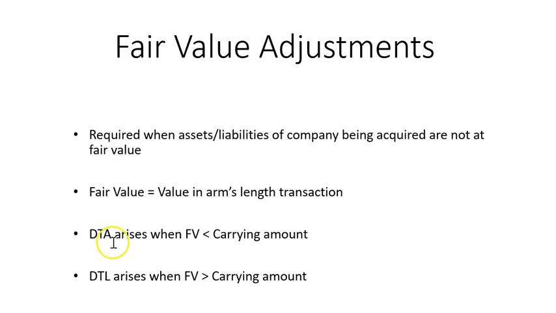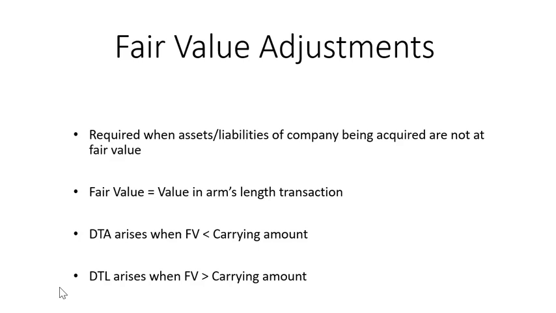And then if you consider a deferred tax asset, this is when the fair value is less than the carrying amount. So effectively, if you were to sell this asset, then you would recognize a loss. So this would reduce your profit and you'd pay less tax. However, because you haven't actually sold this asset, you won't recognize any loss, and so you will pay tax as if there was actually no loss.